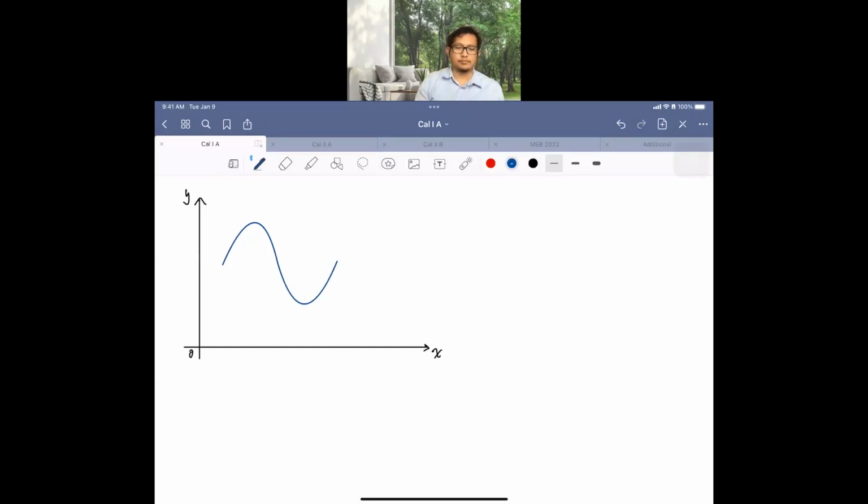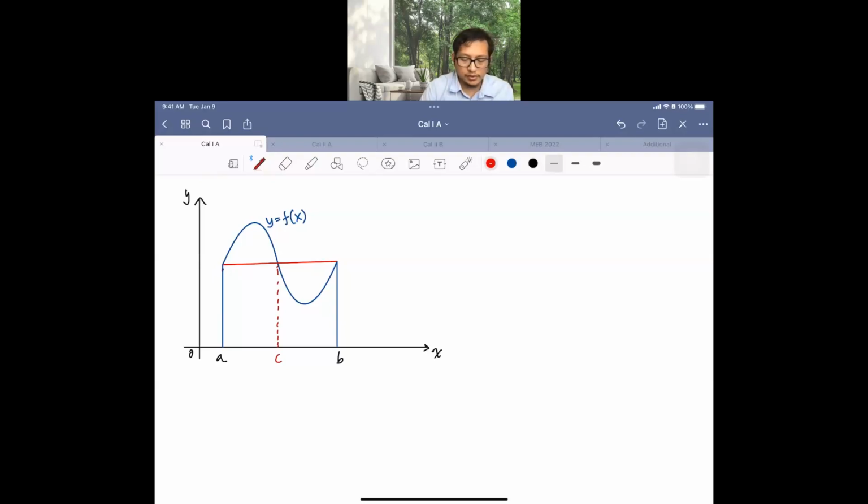Let's say this is our y equals f of x. Let me give you some guidance. Let's say this is a, this is b. In the middle, we have another point c.